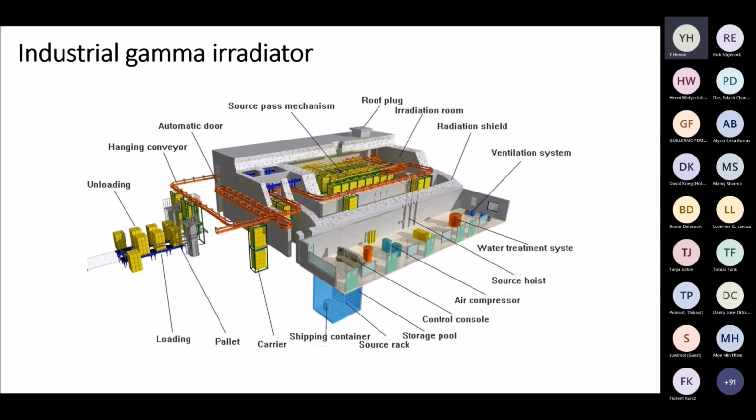Let's talk a bit about gamma irradiators. So these are very bulky facilities. Radiation kills. Next week I will talk a bit about radiation technology, but you probably know already that radiation kills, so you have to be careful and handle them properly. They are not more dangerous than other technologies.